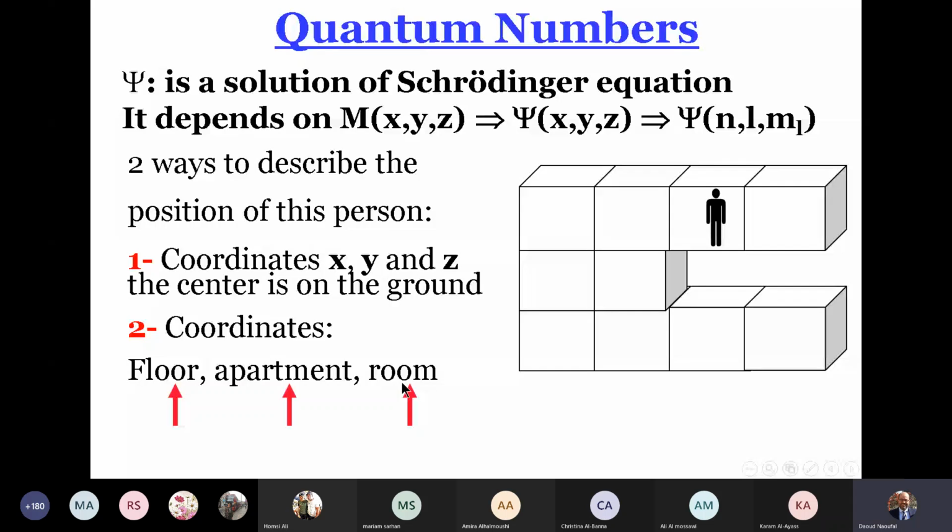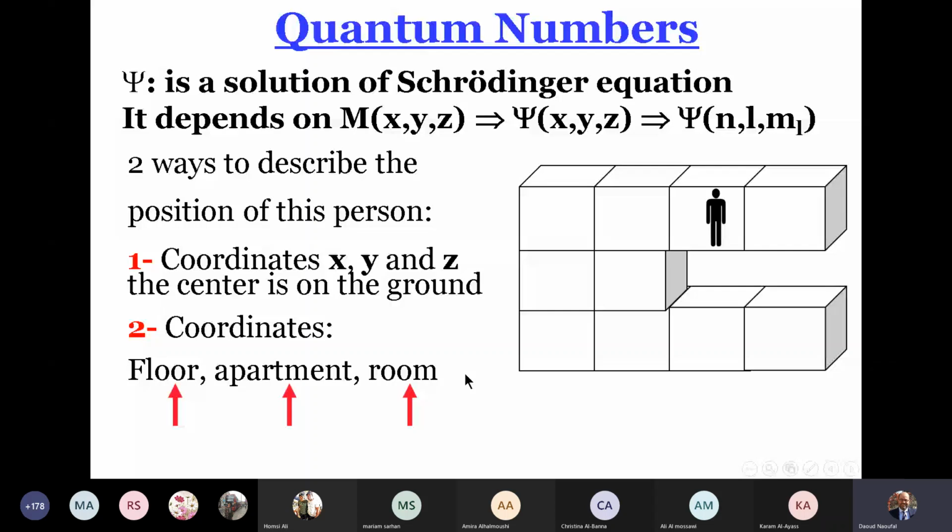But I need a fourth coordinate because in the room I have 2 persons. I am going to person 1 or I am going to person 2. For this reason, we pass from X, Y, Z, a 3-coordinate system, to a 4-coordinate system: floor, apartment, room, and which person we choose.